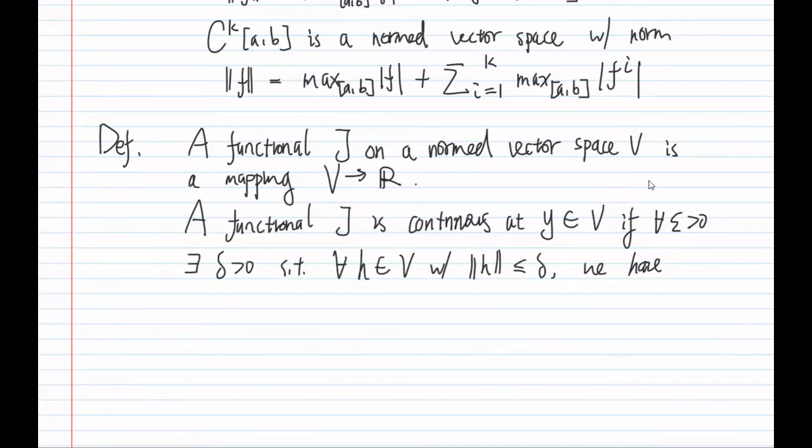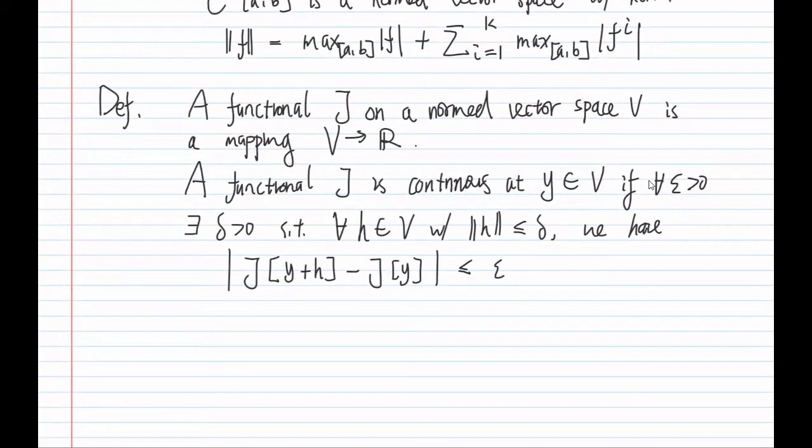That's the difference, okay? The difference of the functional applied to the point y plus h minus the functional at the point y. So the absolute difference is less than or equal to epsilon, okay? All right.